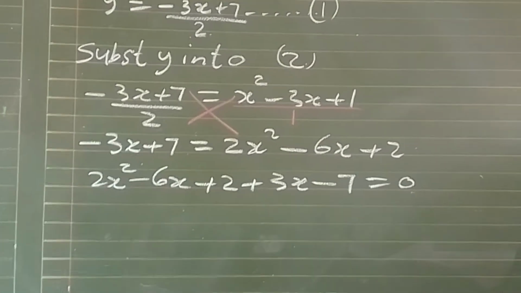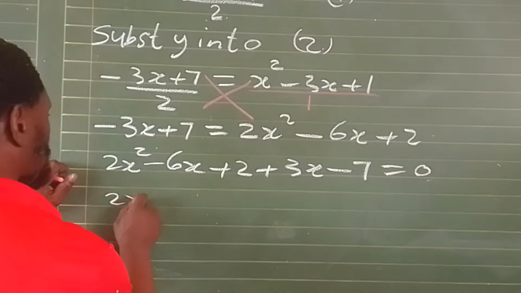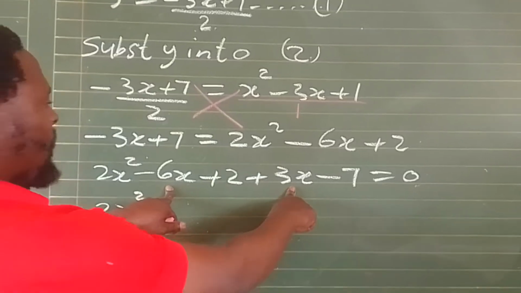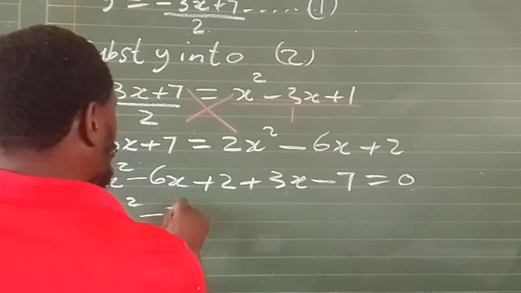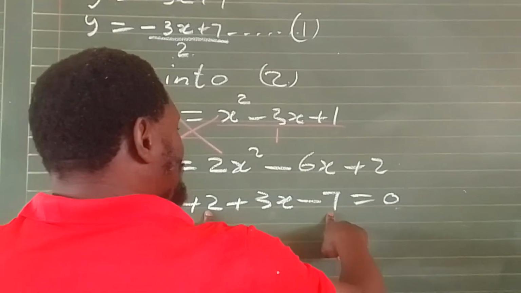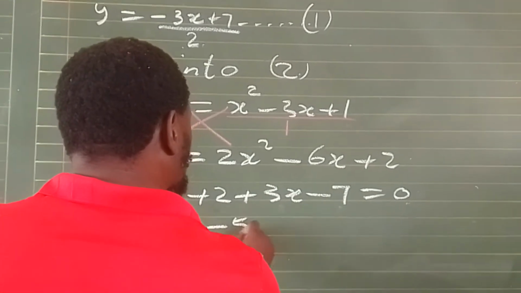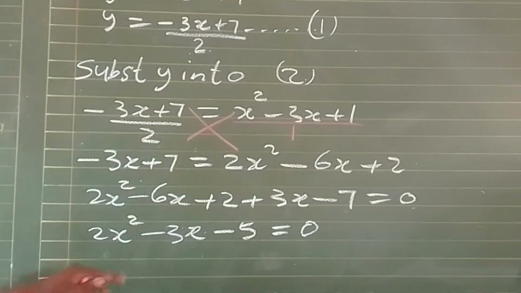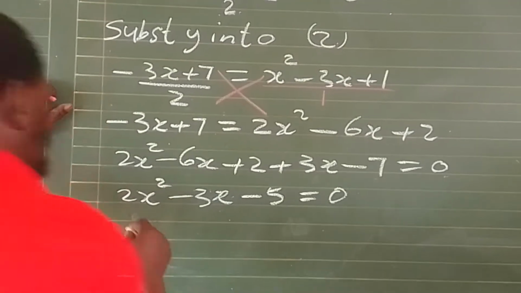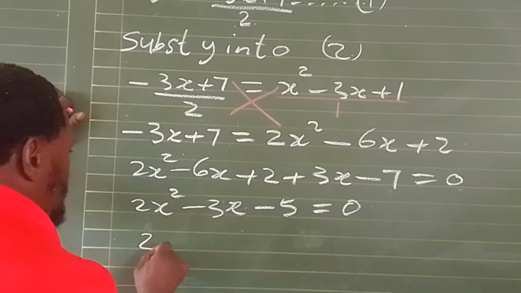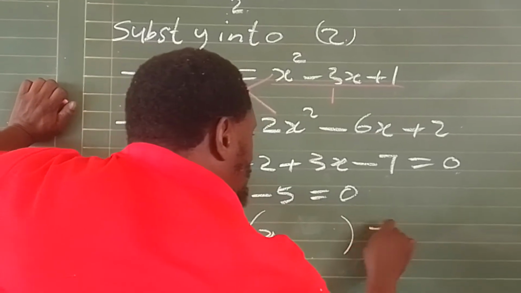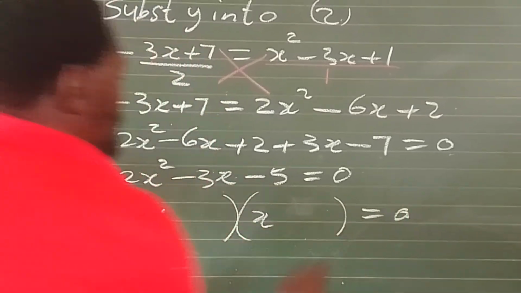Now you find the value of x here. You have 2x squared, like terms, minus 6 plus 3, it's minus 3x. Positive 2 minus 7, it's minus 5, is equal to 0. Now, you find the values of x by factorizing here: 2x, x, is equal to 0.